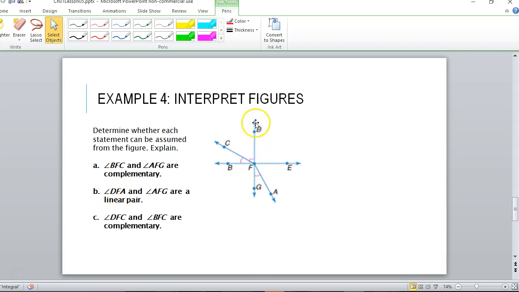Next one, DFA and AFG are a linear pair. So they are adjacent angles and they do have rays heading in opposite directions. So yes, they are a linear pair.